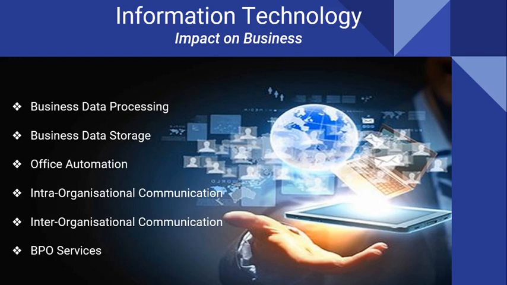So inter-organizational communication means communication between two or more organizations or two or more parties. The other party should be an outside one. That's why under inter-organizational communication, the communication may take place between a company and another company, between a company and its customers, or between a company and its vendors or suppliers.